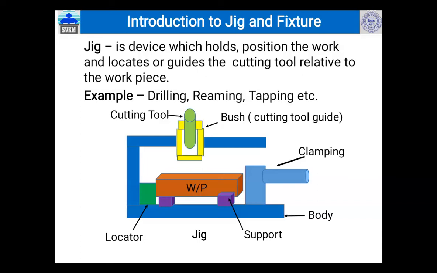So we can differentiate between jig and fixture such that a fixture is a device which only locates or holds the position of workpiece, which does not have a cutting tool guiding element, whereas a jig holds and positions the workpiece and has an additional element which is a cutting tool guide element.